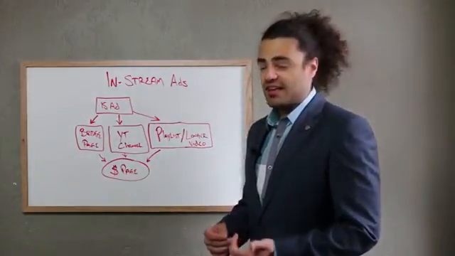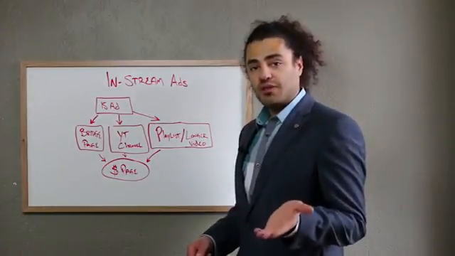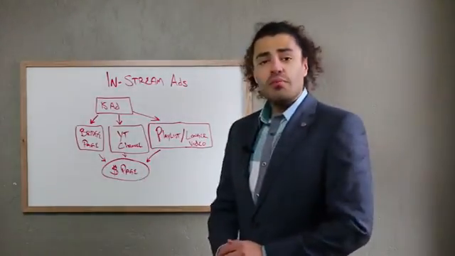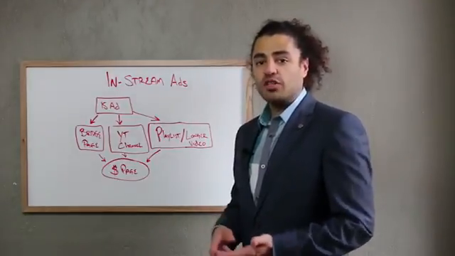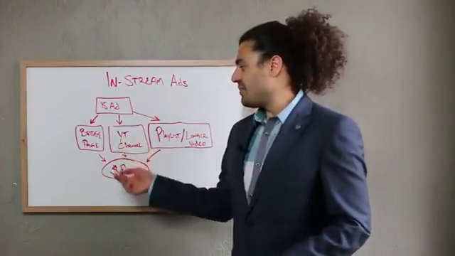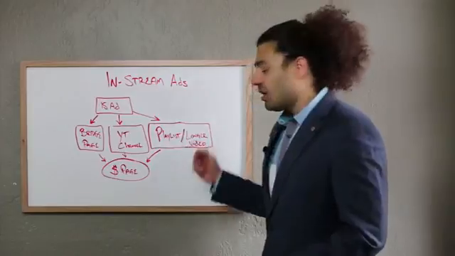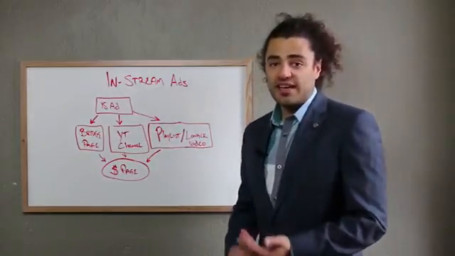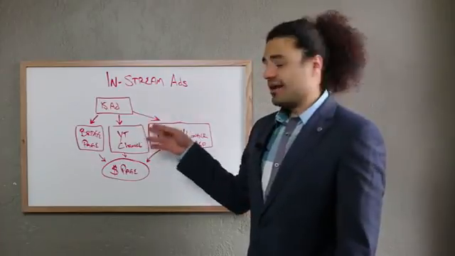Now you can actually also run traffic directly from an in-stream ad to the sales page, but what I've found is that conversions just aren't quite there when you do that, and it really helps quite a bit to pre-sell them by sending them to either a bridge page, a YouTube channel, or a longer video explaining a bit more.